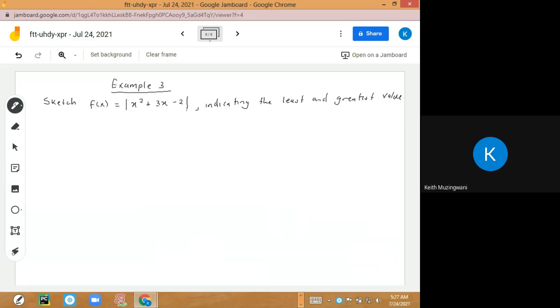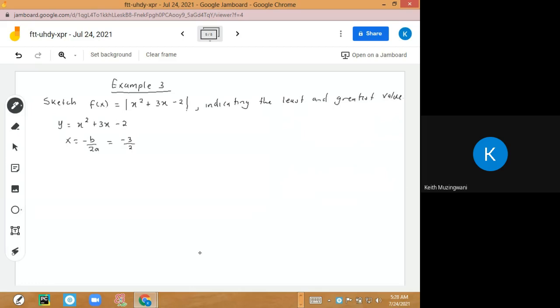So what we do here is we first forget about the modulus and pick the curve x squared plus 3x minus 2. Now, completing the square is the best method sometimes, but not always. Sometimes you can just use the important concept: we know that x equals negative b over 2a gives us the line of symmetry, and our b here is 3 and our a is 2. So negative 3 over 2 is the line of symmetry.